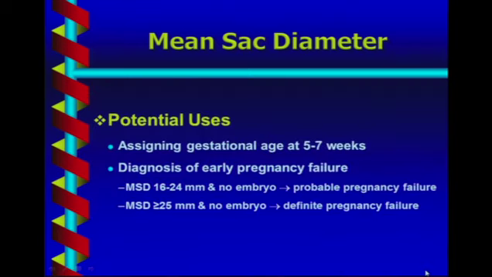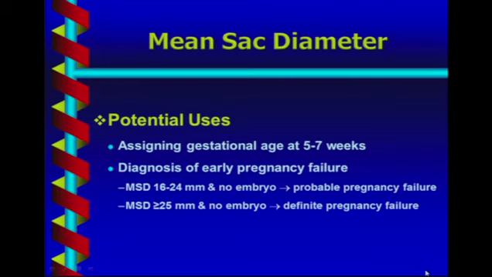What can you do with it? Well, there are 2 potential uses. One is assigning gestational age between 5 and 7 weeks, and a second potential use is diagnosis of early pregnancy failure. The currently accepted guidelines are that when the mean sac diameter is 16 to 24 millimeters and you see no embryo, you can diagnose probable pregnancy failure.